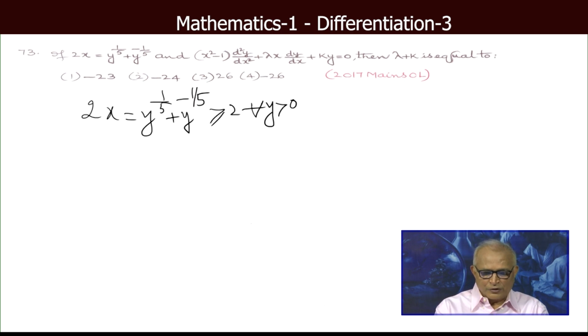And also when you square, 4x square equals y power 1/5 plus y power minus 1/5 whole square.